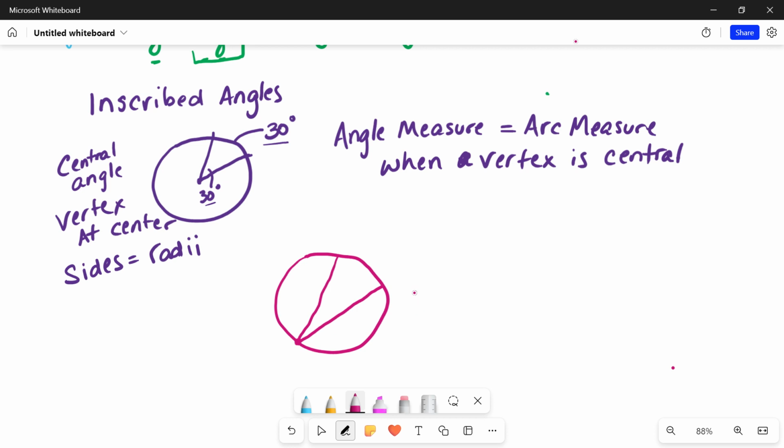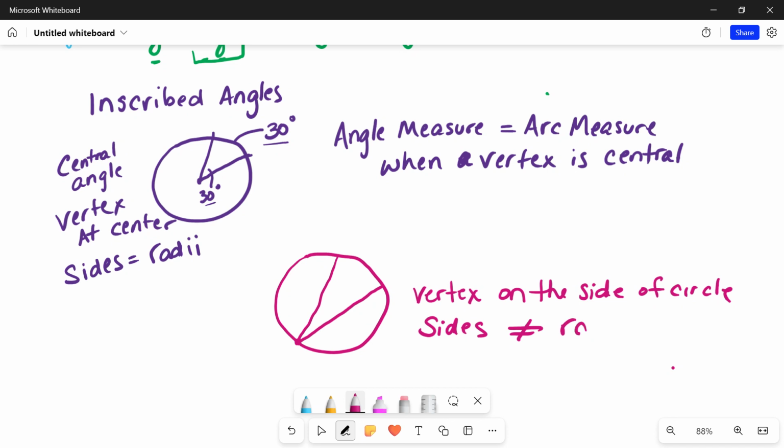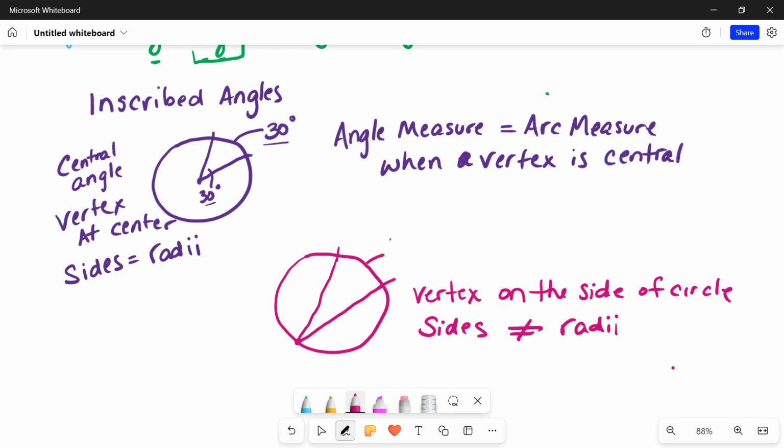So my vertex is on the side of the circle, and my sides are not equal to the radii. Say this is the same amount of distance over here. This over here is 30 degrees. This over here is just 15 degrees.